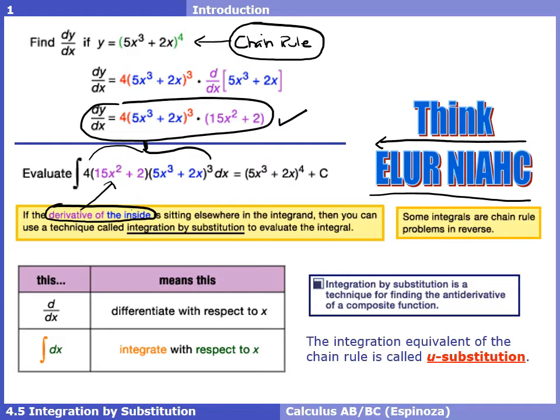So just to make sure we're okay with notation, because it's going to matter a lot in this section, when we wrote the notation d/dx back in chapters 2 and 3, we were asking ourselves to differentiate a function with respect to x. Here in this chapter, when we see an integral symbol with a dx, we're integrating with respect to x.